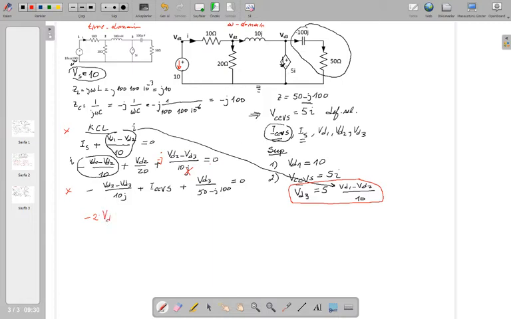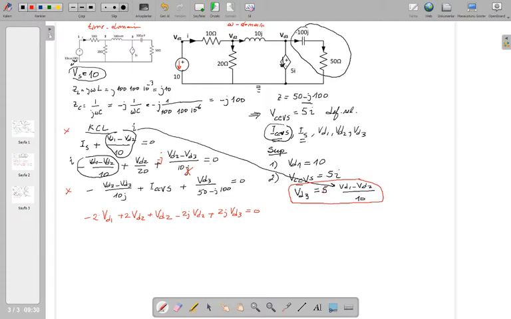Minus VD1 plus 2 VD2. I multiply this with 20 and you end up with this 20, so plus VD2. So this multiplied with 20 gives you 2 minus 2j VD2 plus 2j VD3 is equal to 0.